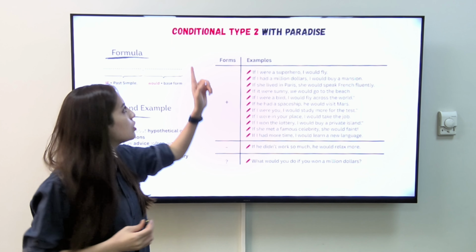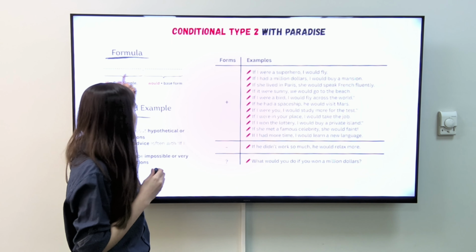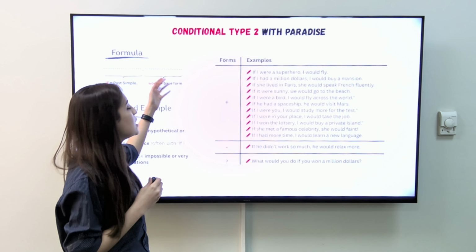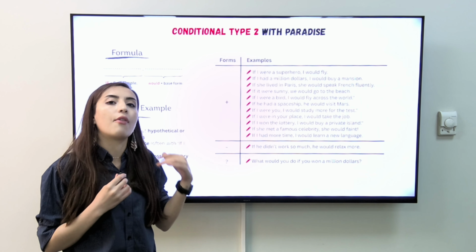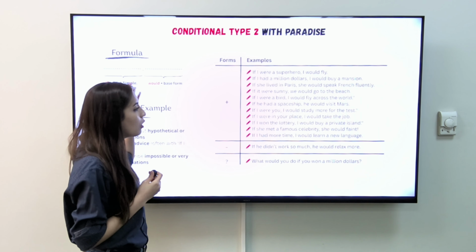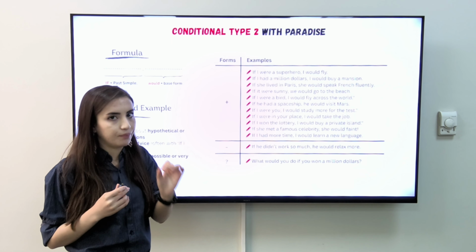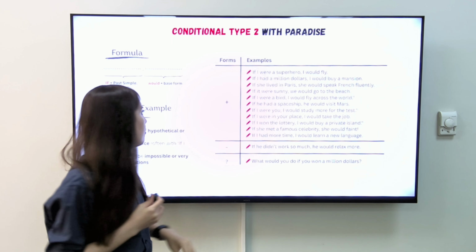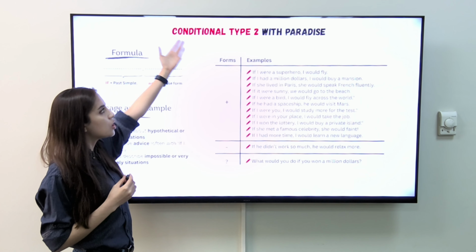Conditional type 1 was will, if you remember well. So this one is would plus base form. But again, would is another modal. After modals, including will or would, we have the base form of the verb, the simple form of the verb. So this is the formula of conditional type 2.